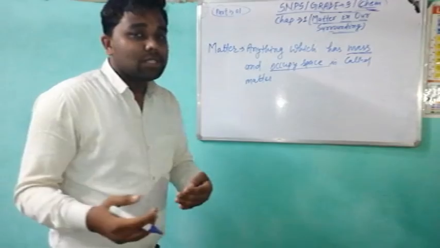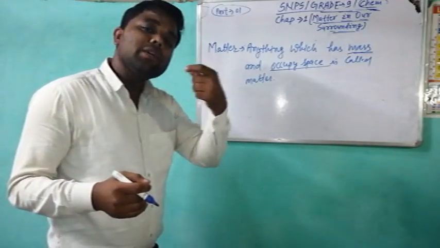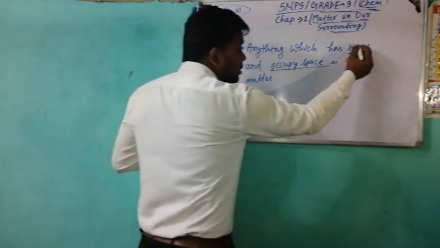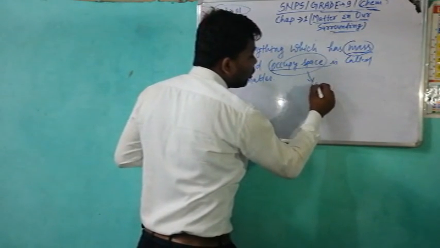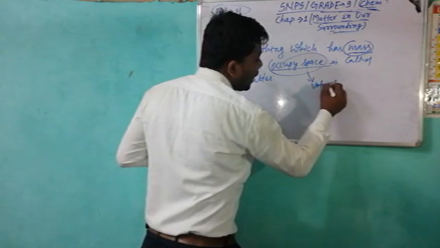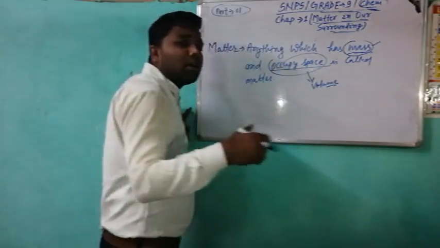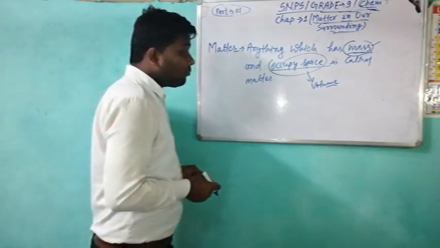What is the meaning of mass and what is the meaning of occupying space? Occupying space simply means volume, and mass is a different quantity.